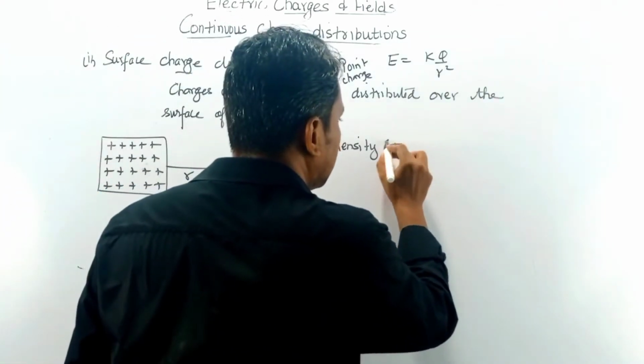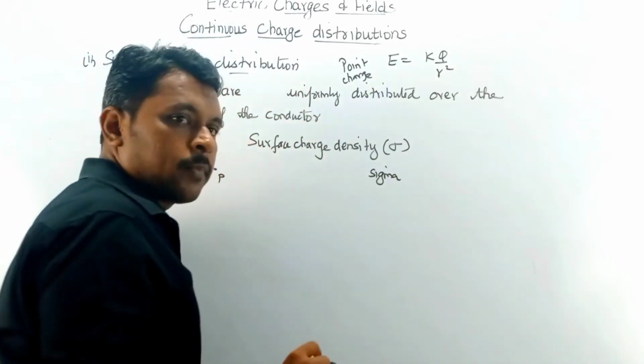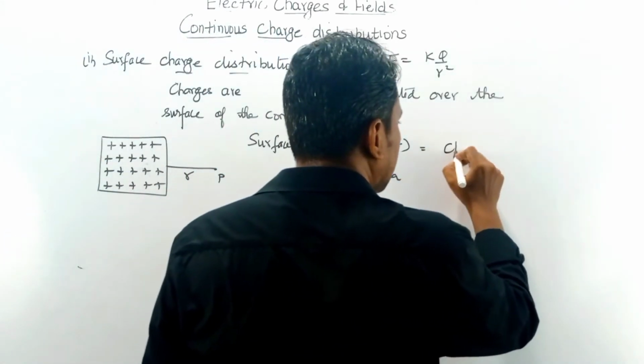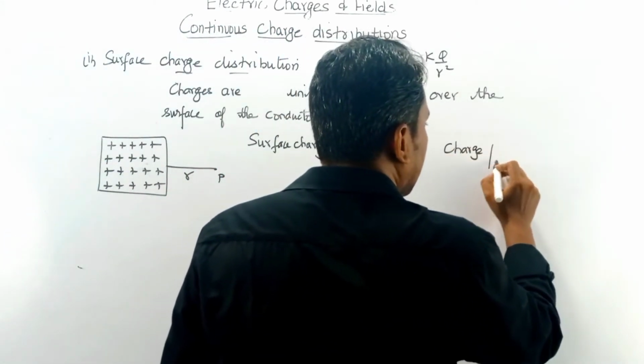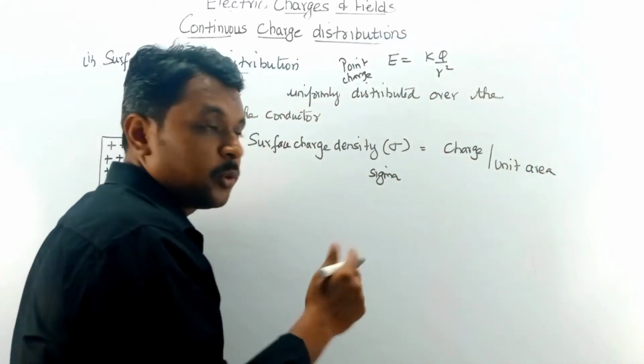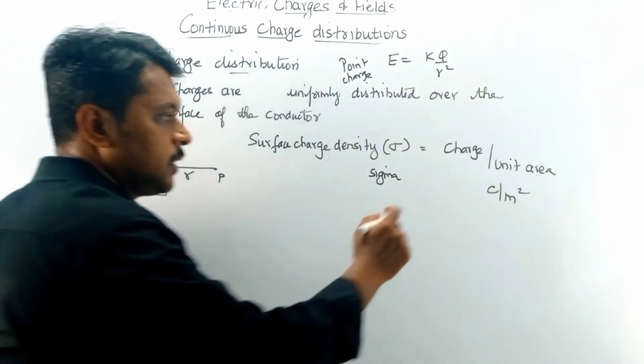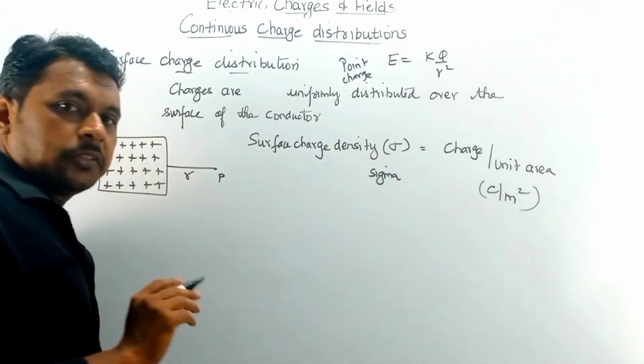It is given by the term called sigma. We call it sigma. So what is sigma? It is nothing but charge per unit area. The unit is coulomb per meter square.